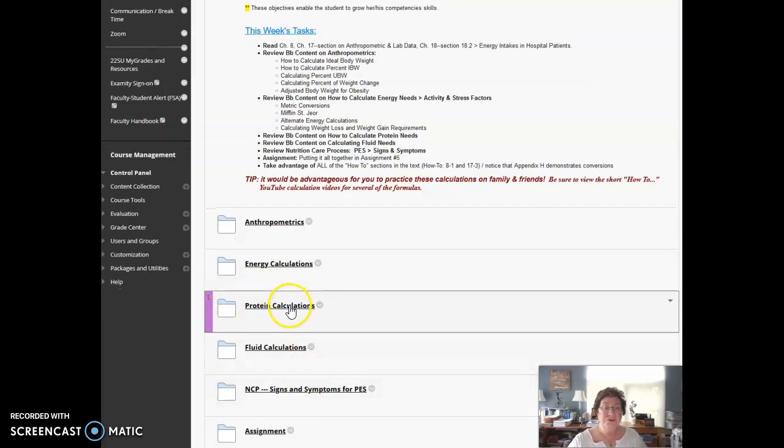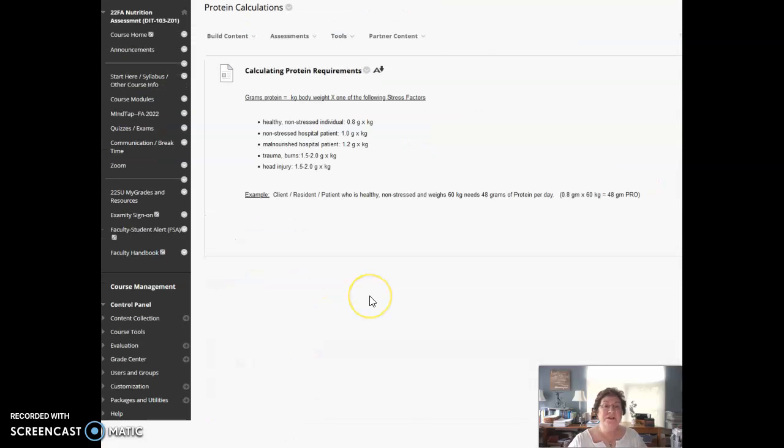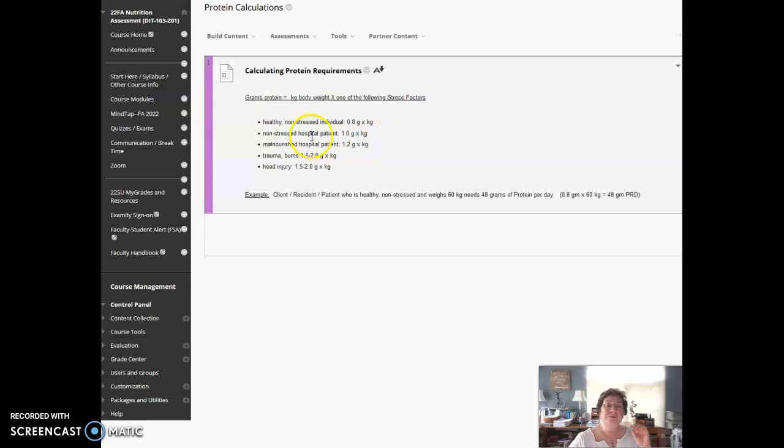Oh, I want to mention the protein calculations. Generally, when you're calculating here, you're going to be coming up with protein needs by first determining the kilograms of body weight and then multiplying that by one of these stress factors.